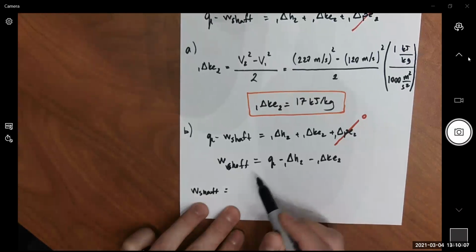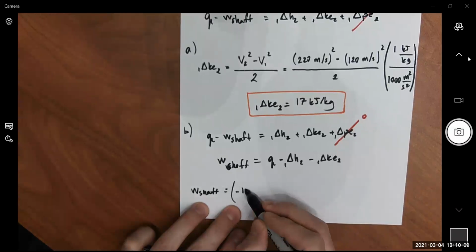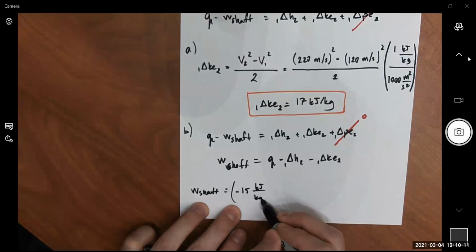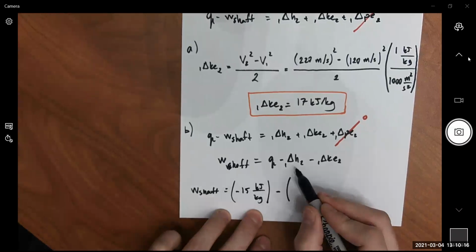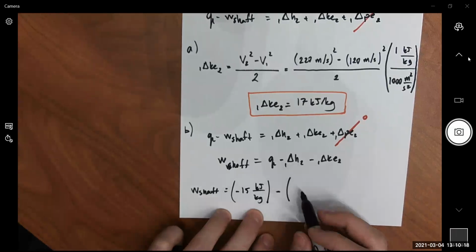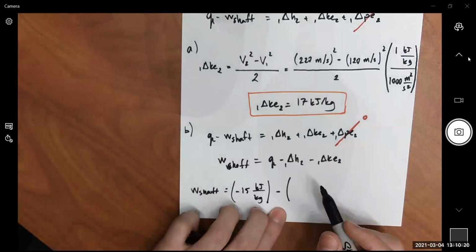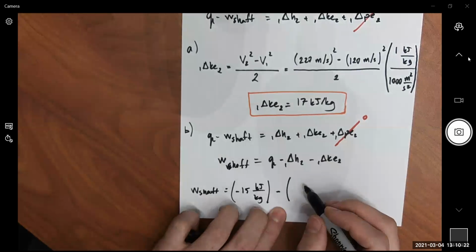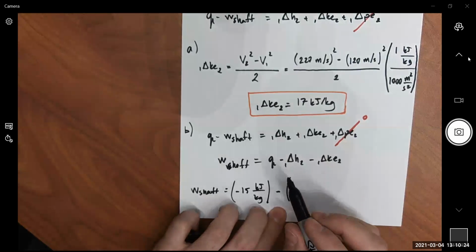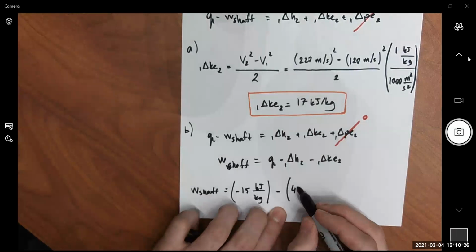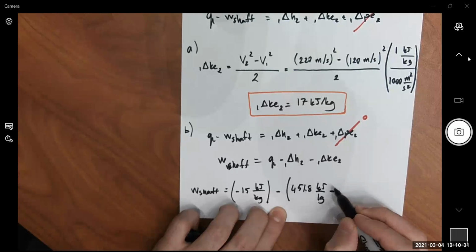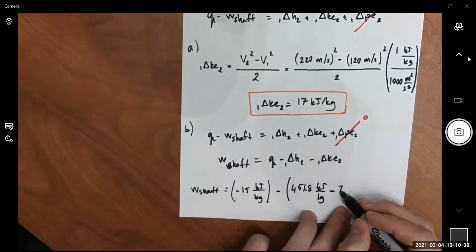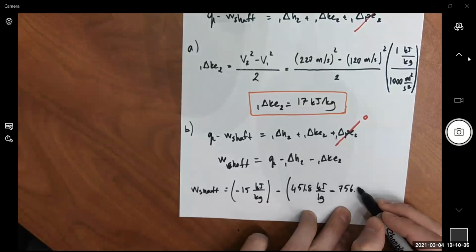Work shaft will be Q, which is given, minus 15 kilojoules per kilogram, minus H2 minus H1. We read it from the table: H2 is 451.8 kilojoules per kilogram minus H1, 756.4 kilojoules per kilogram.